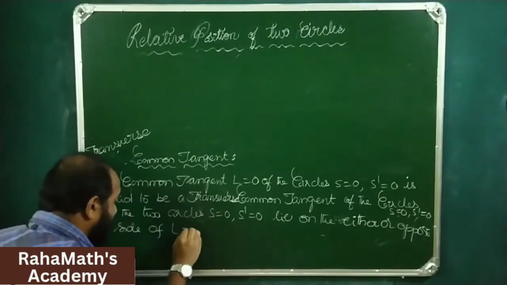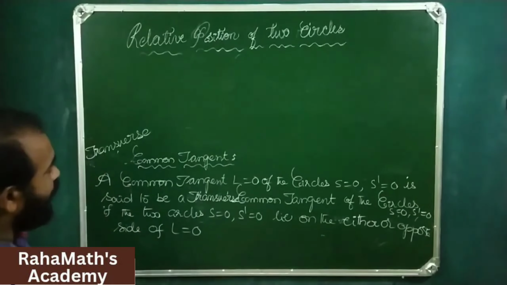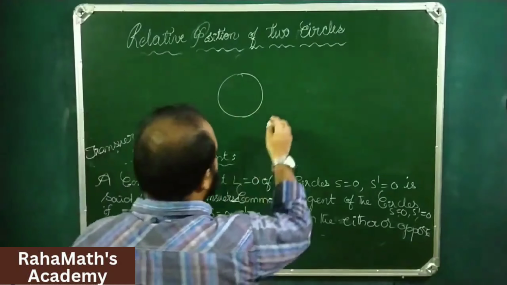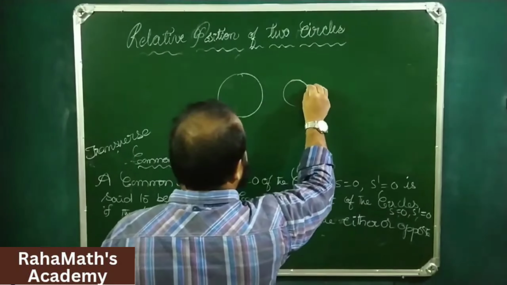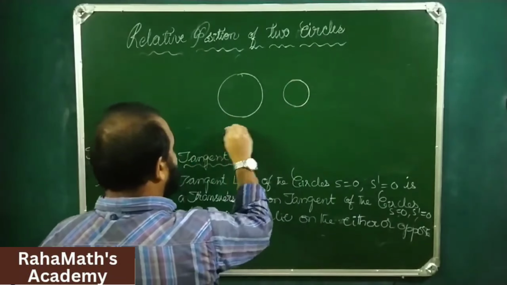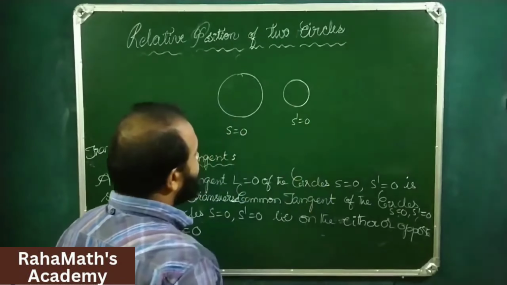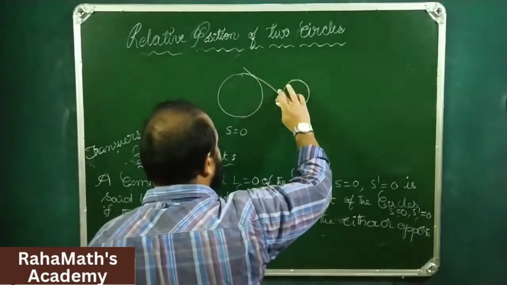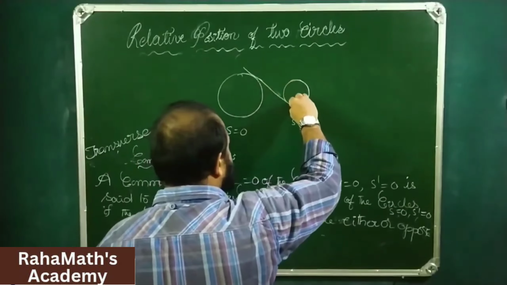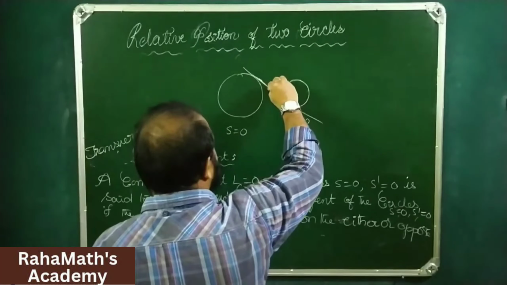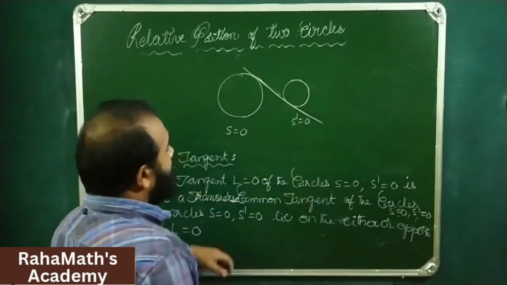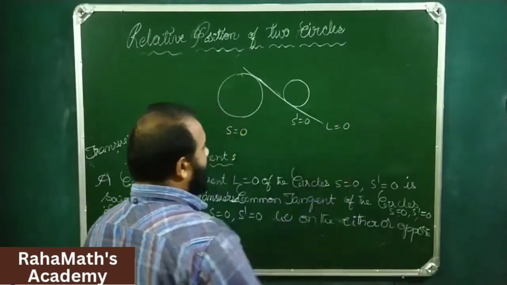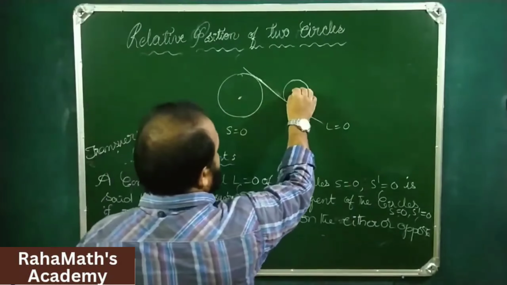What I am trying to tell you is, let us take two circles like this. So this is S = 0 and S' = 0, and this is a common tangent. And this tangent is, for example, L = 0.